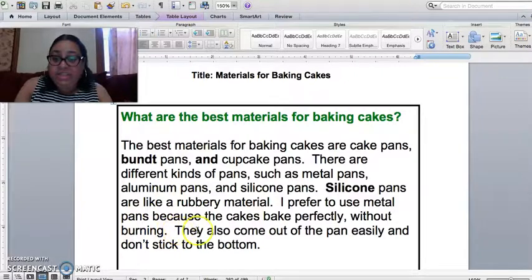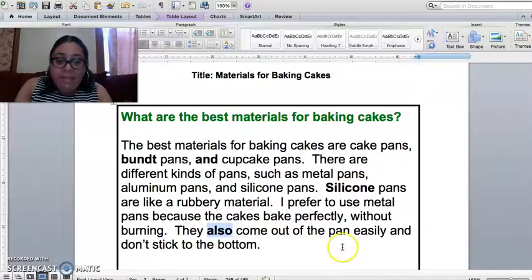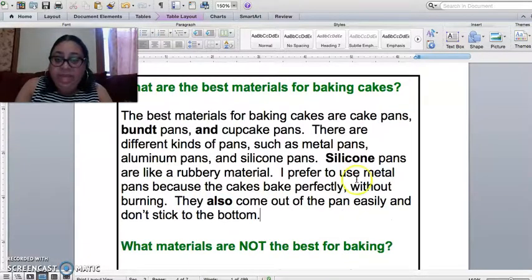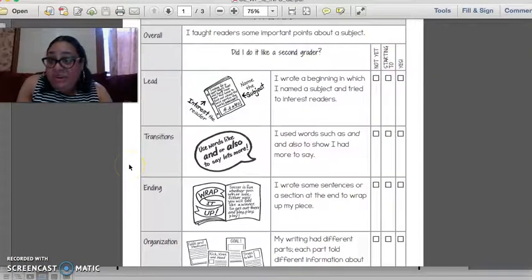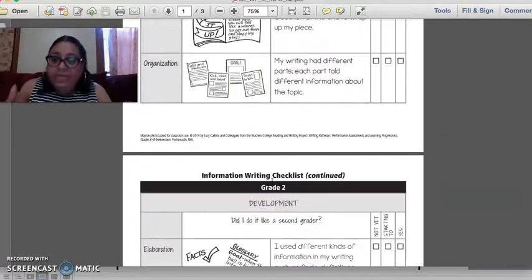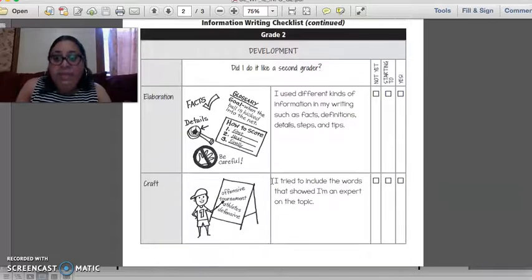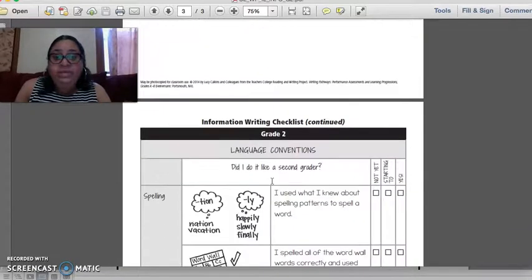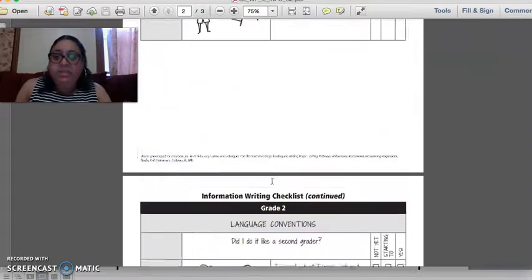Oh, I could change this and say, oh, I have also. They also come out of the pan easily and don't stick to the bottom. So I did have some transition words. I didn't even notice. I had to go back and self-assess with the checklist. I have my lead, I have transition words, I have my organization, my different chapters, my subtopics. I elaborated, I have craft words, my spelling is correct, and my punctuation is correct.